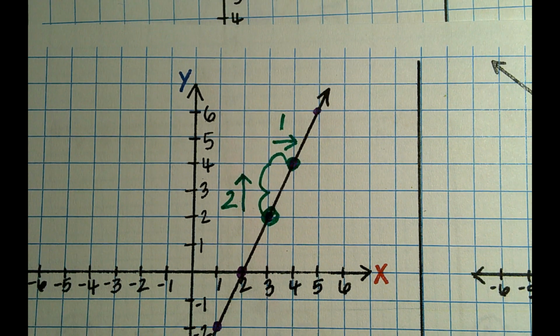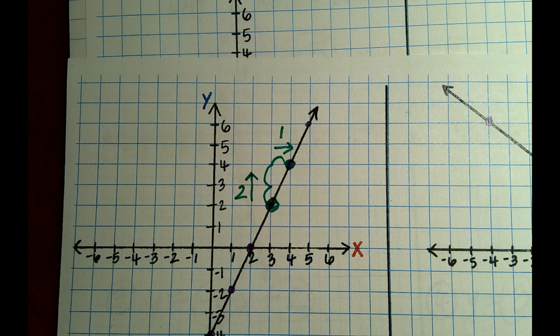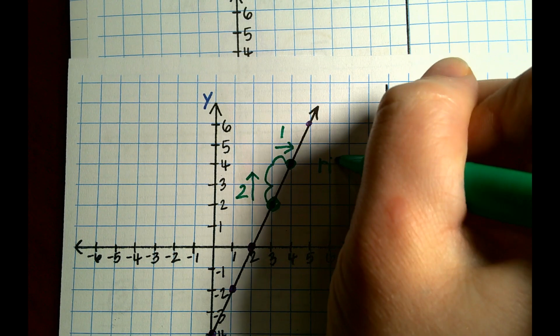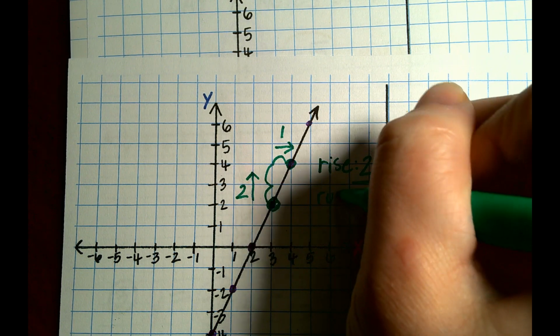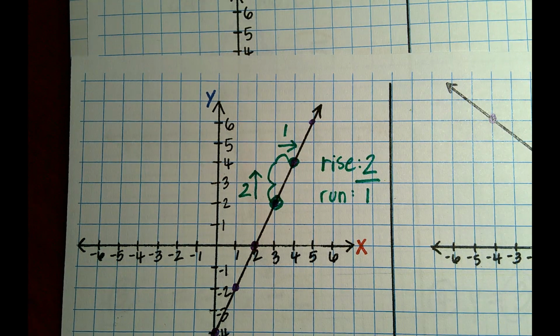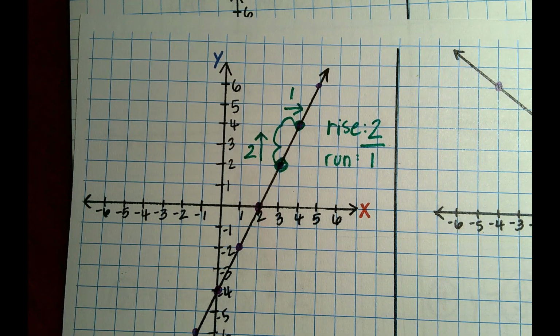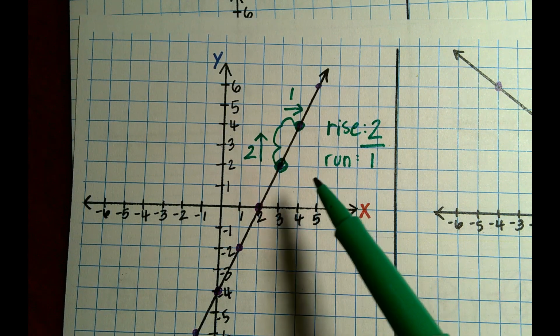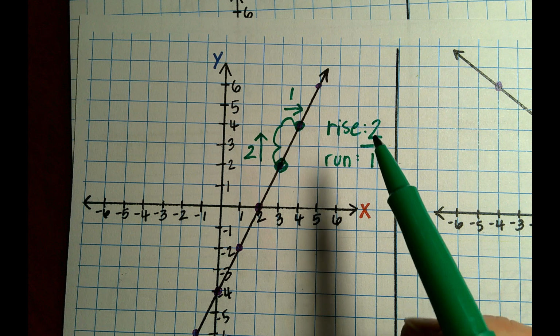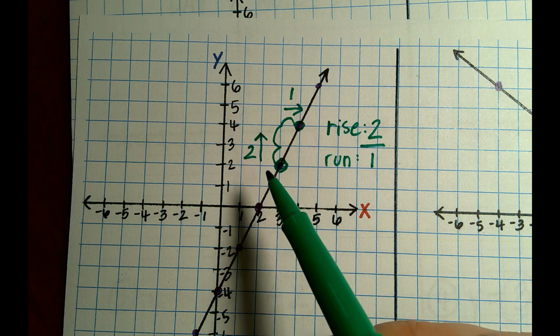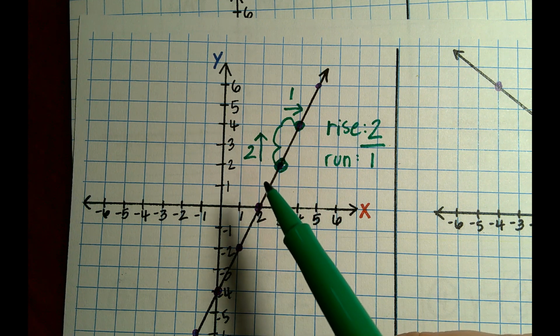So if my rise is 2 and my run is 1, what's my slope? 4. Let's see. My slope is just rise over run. Where did you get 4?